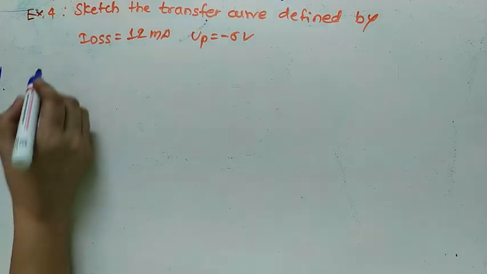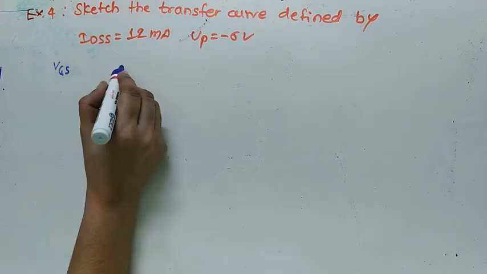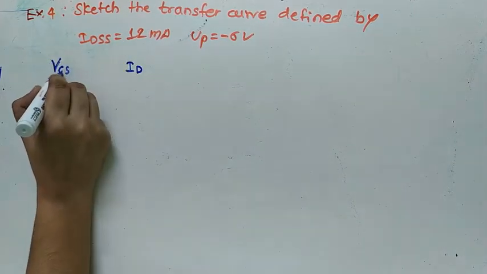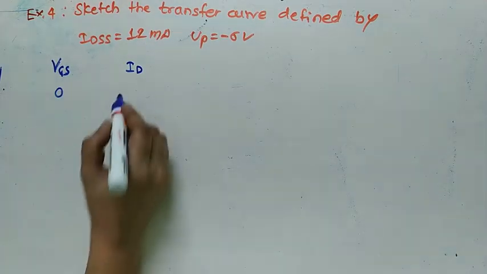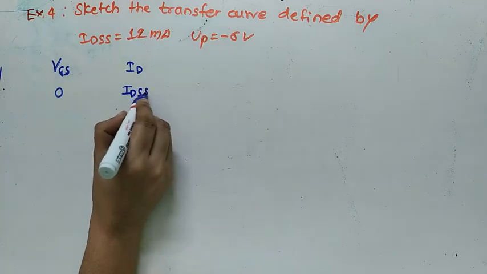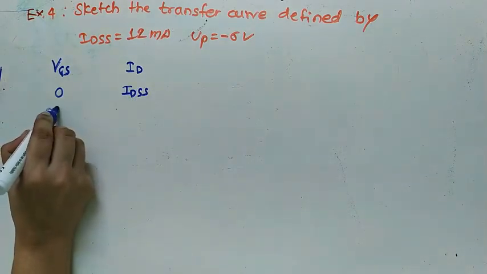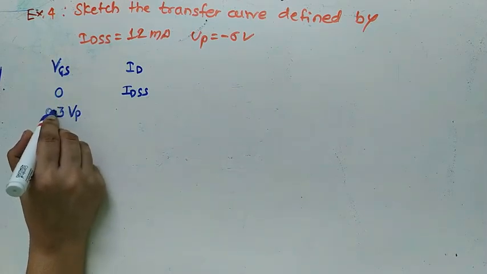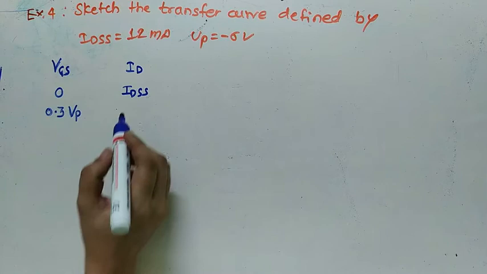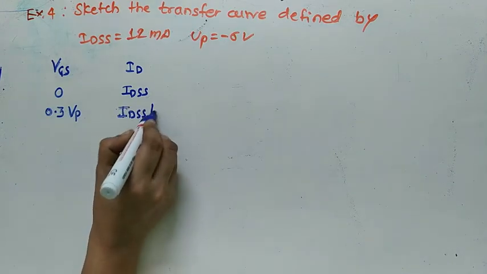According to the shorthand method, there are certain values of VGS, and for those the value of ID exists. When VGS is equal to 0, ID will be equal to IDSS. When VGS is 0.3 of Vp, that is 0.3 into Vp, ID can be calculated as IDSS upon 2.